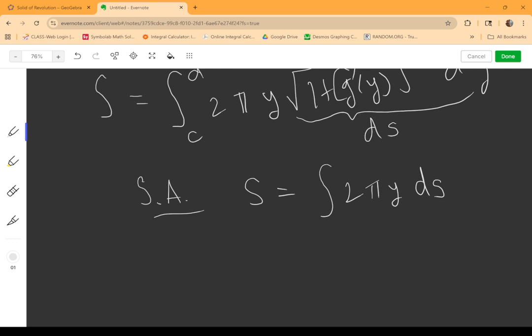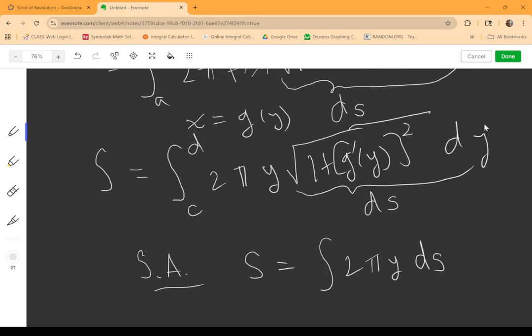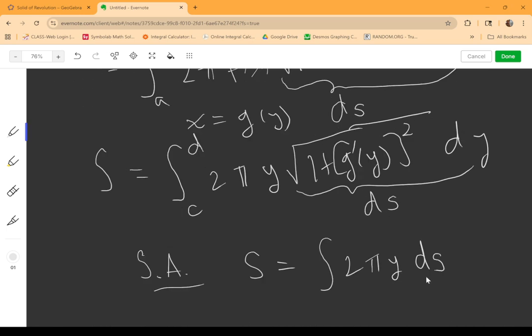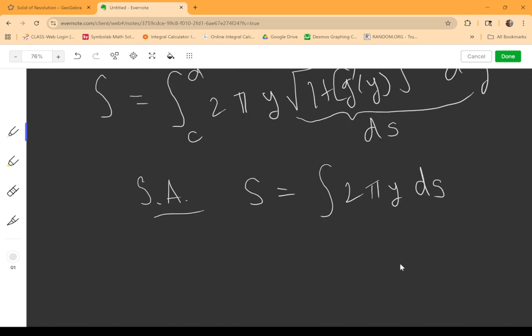All right. And depending on what we want to use, if we want to use dx, then we just substitute the value for y. If we use dy, then we leave the y as is. All right, so this is rotation about the x-axis.